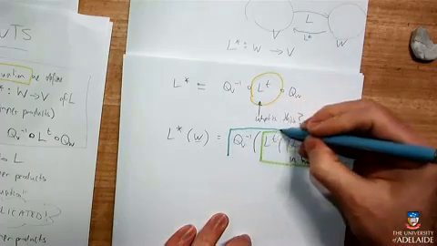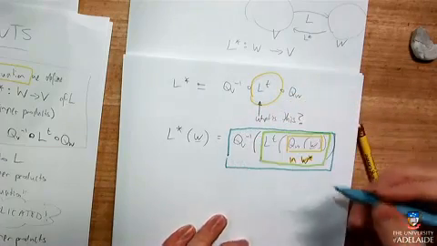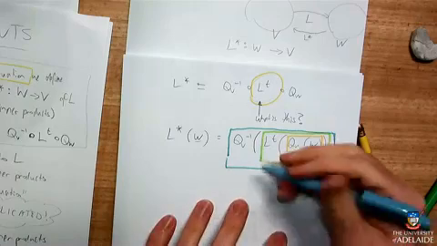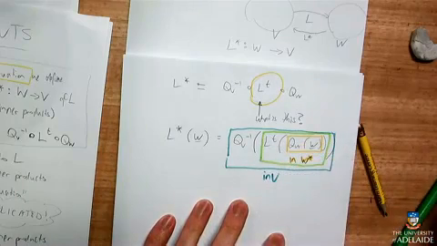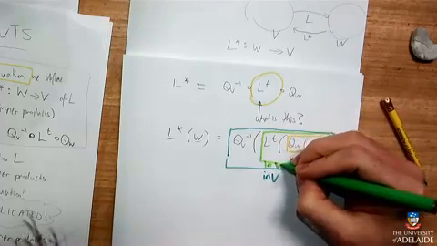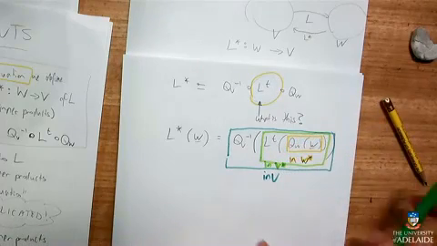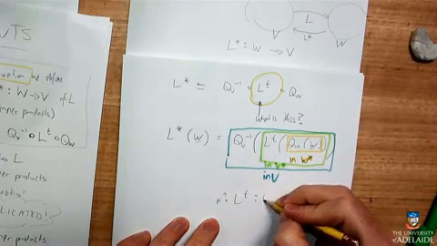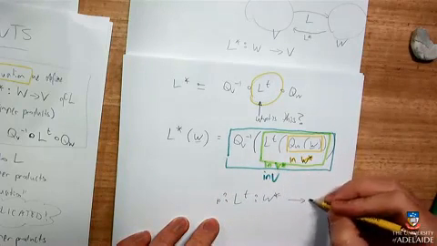Now QV starts in V and ends in V star, so QV inverse starts in V star and ends in V. Okay, it's in V. And so this green thing has to be in V star. So it must be true that LT takes things in W star and produces things in V star.